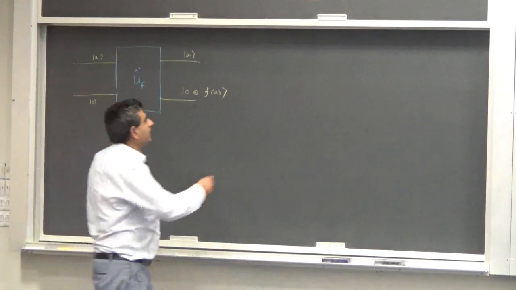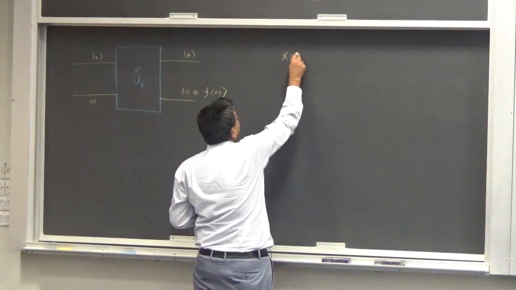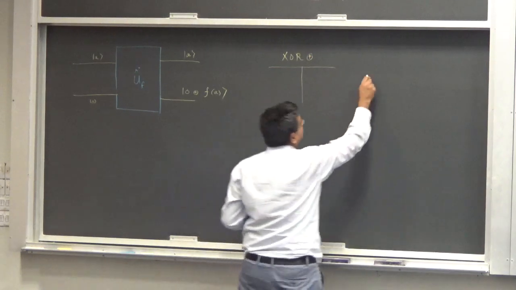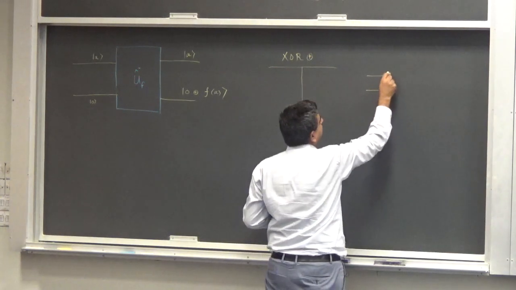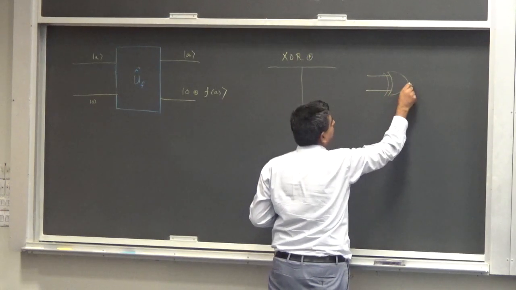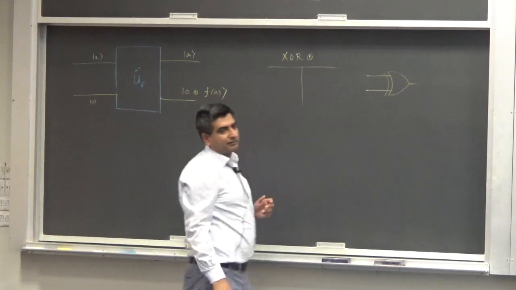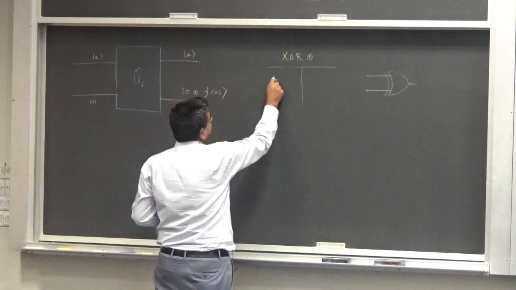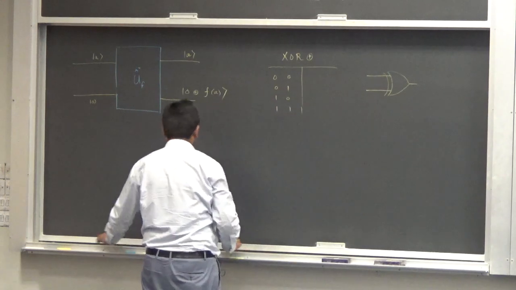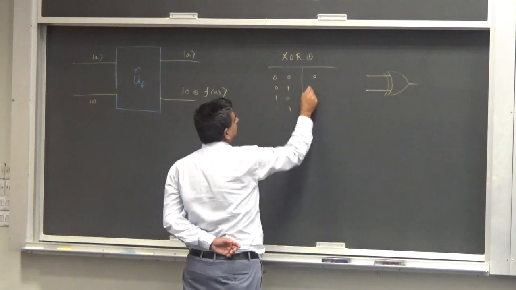So what is the truth table for an exclusive OR? Exclusive OR is represented in this fashion. What it does is, if the inputs are the same, the output is 0.